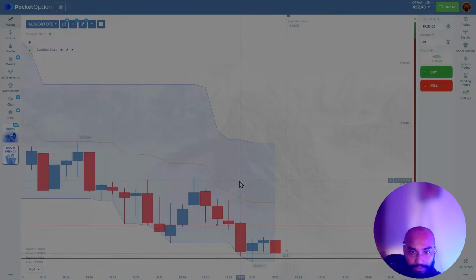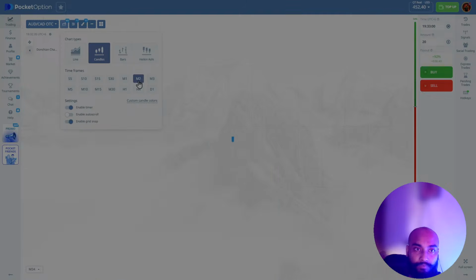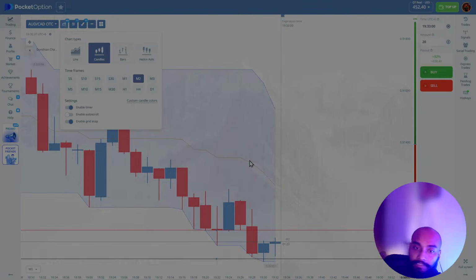The market is at our support level, right? So we need to see some kind of rejection there. And in the 2 minute time frame, you can see a much clearer view and less noise, like we do have in the 1 minute chart.